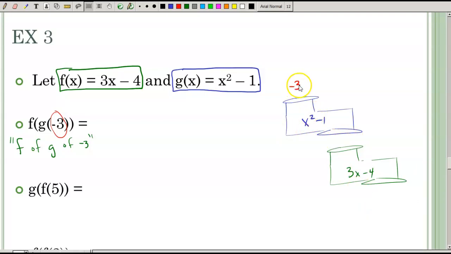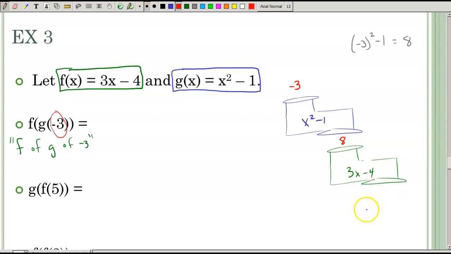If I do one function at a time, I take negative 3 and plug it into x squared minus 1. As a side problem, that would be negative 3 squared minus 1, which evaluates to 8, right? So 9 minus 1 is 8. The output of that is going to be 8. Now that 8 is dropped into the next function, 3x minus 4.